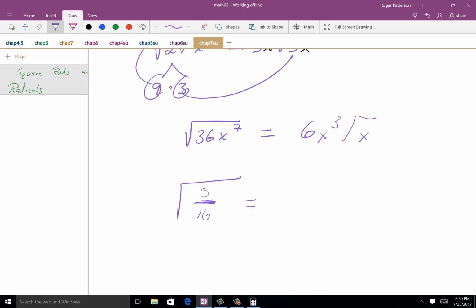Now we have a little division thing, a fraction, just like we did before, except we're simplifying.